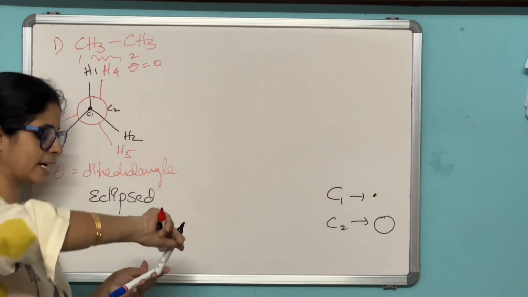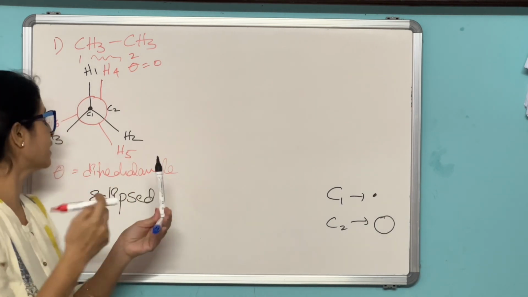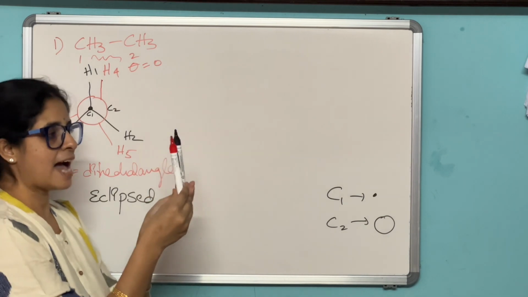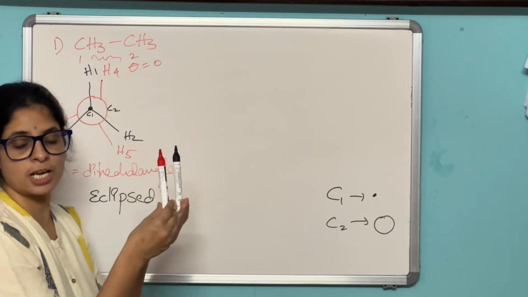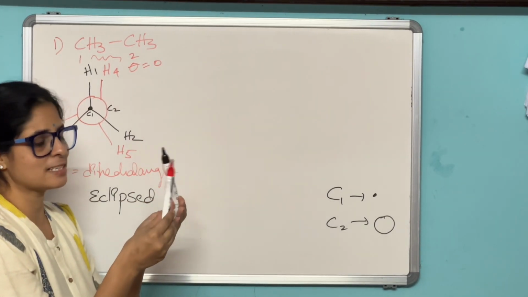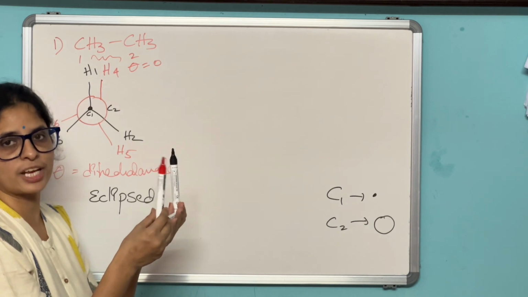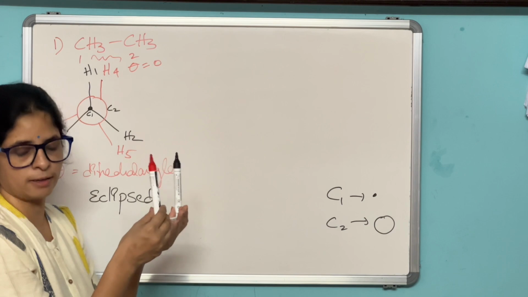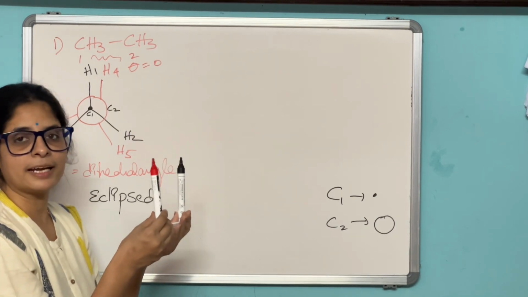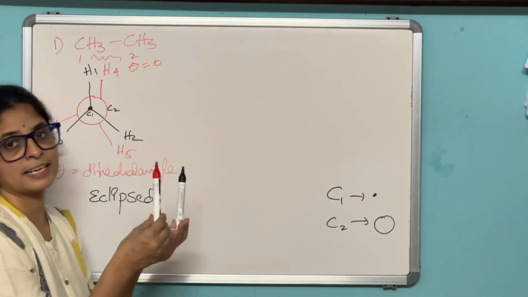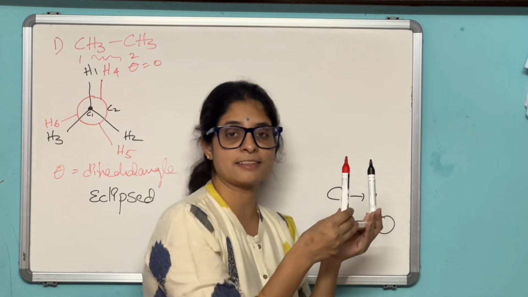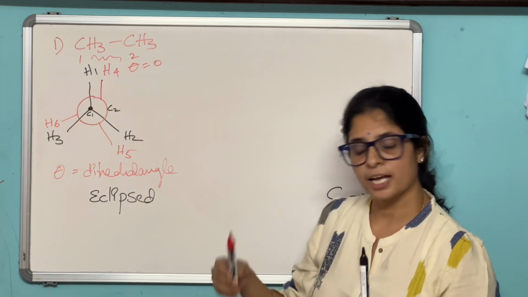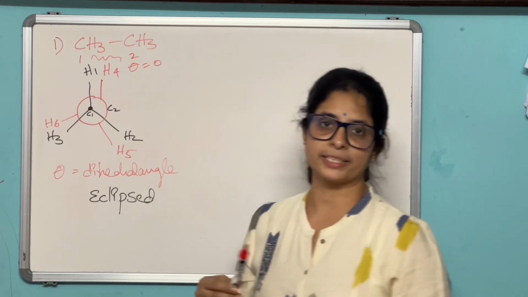As these two hydrogens are spatially closer, van der Waals forces of repulsion exist between them. Because of this, there is an increase in the energy, which makes this conformation less stable. About the stability we'll talk later.